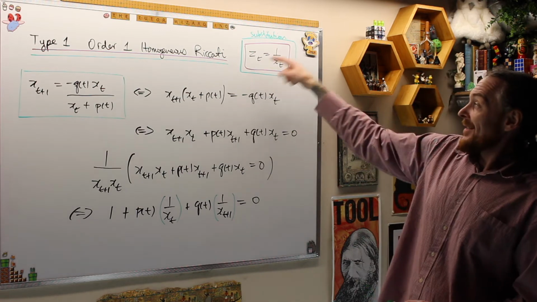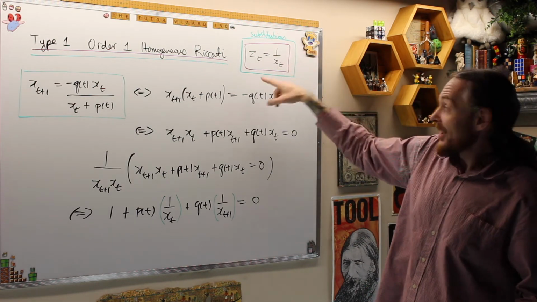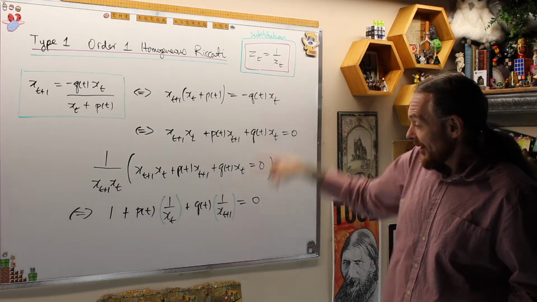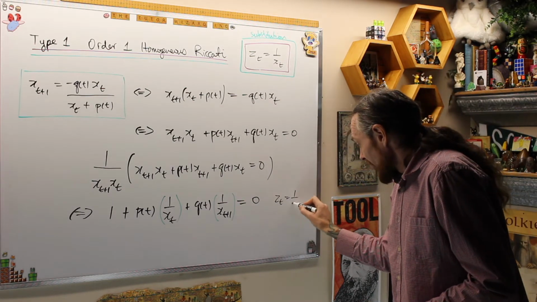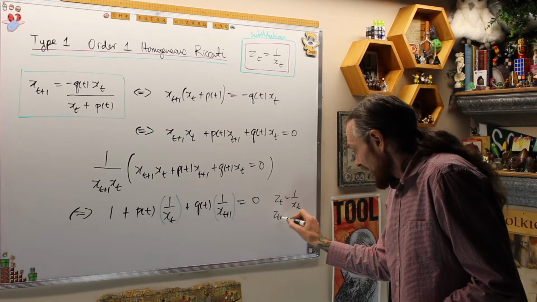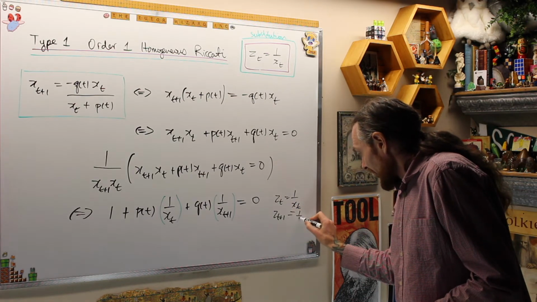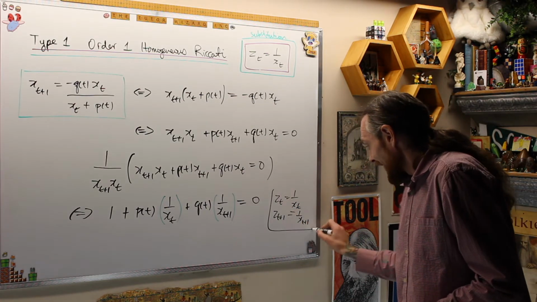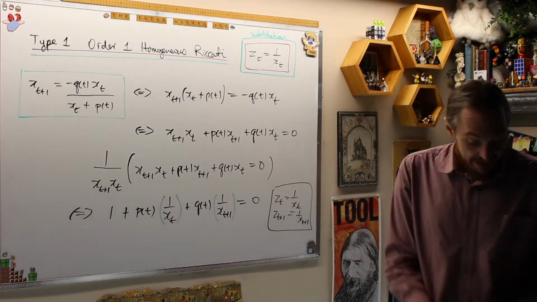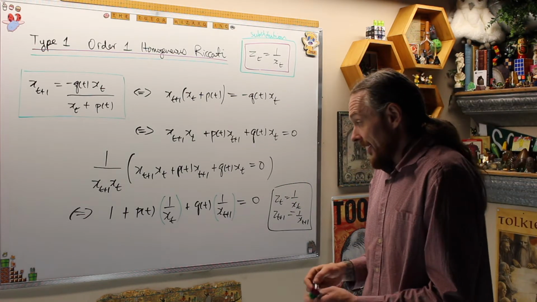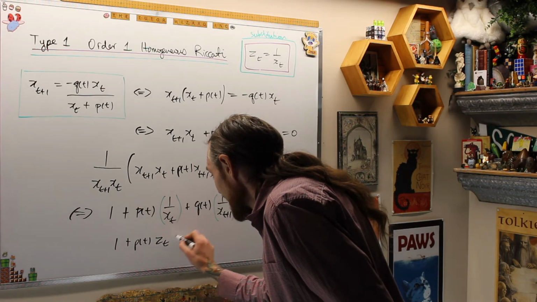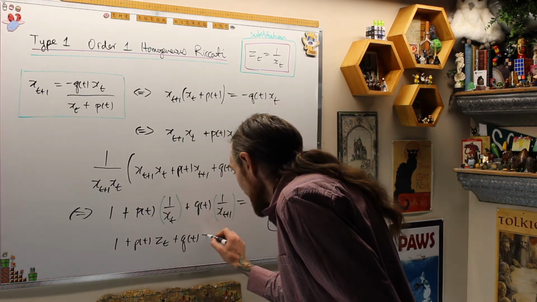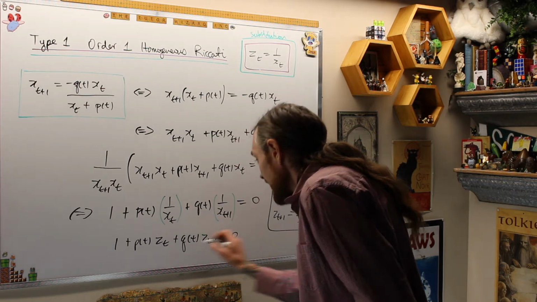And he says, oh, if I made z_t equal 1 over x_t, then in particular z_{t+1} would be 1 over x_{t+1}. Using the substitution z_t equals 1 over x_t, and therefore z_{t+1} equals 1 over x_{t+1}, we're going to get the Riccati form, which is going to give us 1 plus p of t z_t plus q of t z_{t+1} equals 0.